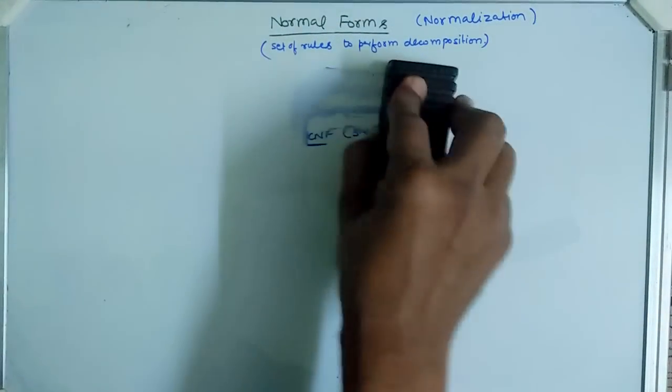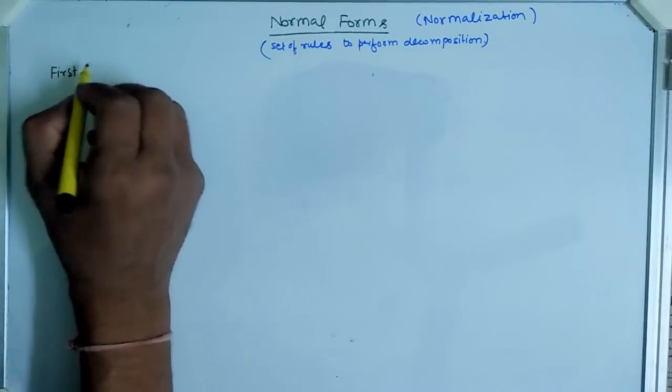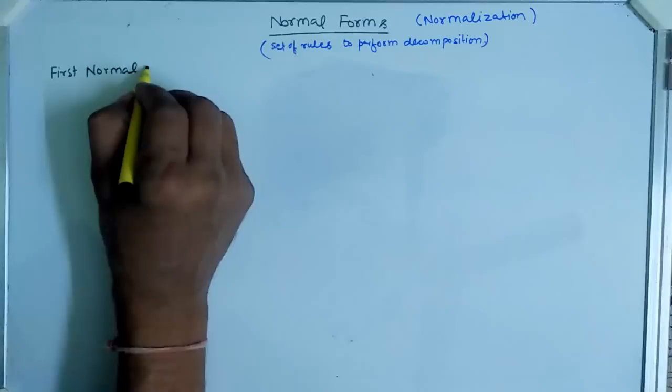So let's start with the first normal form, that is 1NF. Let's learn what first normal form says.